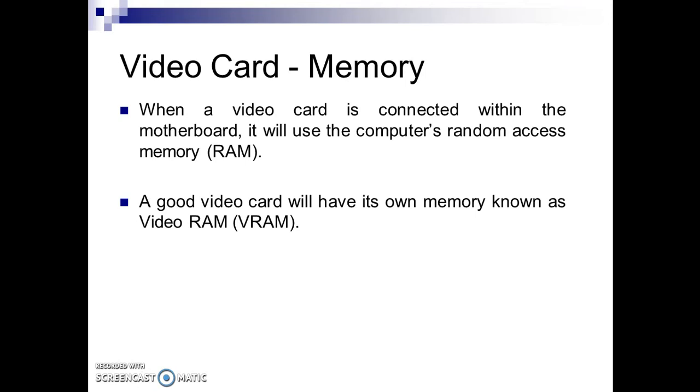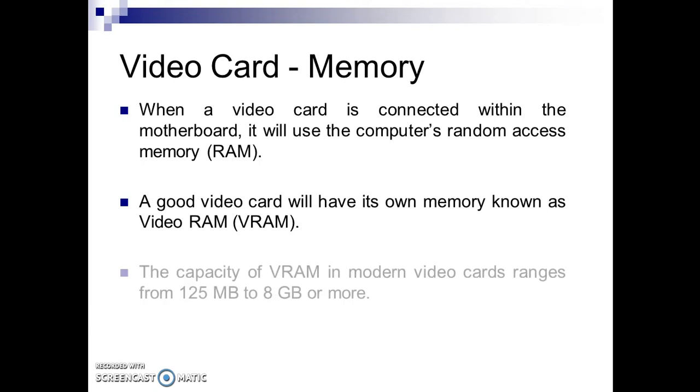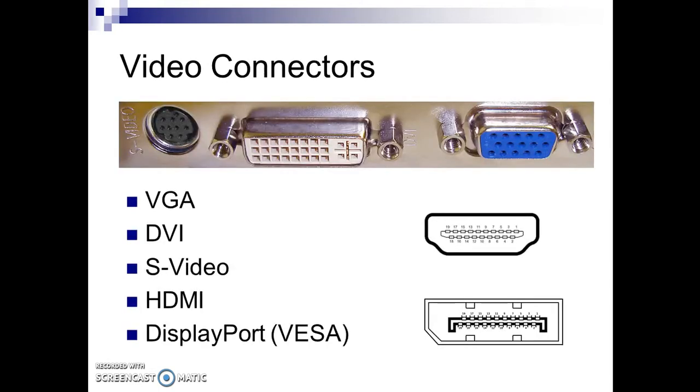And so we avoid having to upgrade the RAM on our computer by putting in a better video card. And as of this point, a good video card can often have 8 gigabytes of RAM.